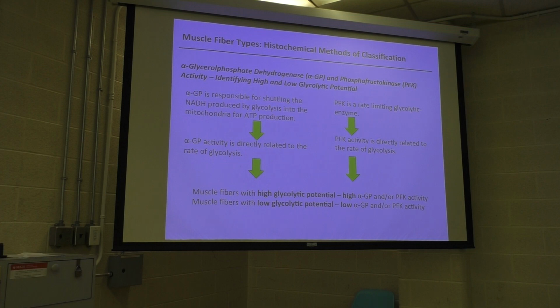So alpha GP, or alpha glycerol phosphate dehydrogenase, and PFK, phosphofructokinase, identify these high and low glycolytic potentials, and they're directly related to the rate of glycolysis. So muscles with high glycolytic potential have high alpha GP or phosphofructokinase activity. So they found in sprinters, correct? Yeah, so you'd more likely find these in the fast fibers.